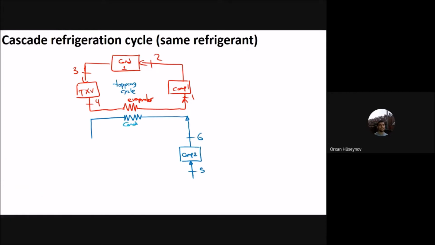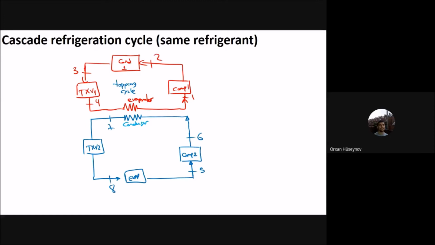And then you have gone back to the thermal expansion valve here, TXV2 here. This one is the TXV1, TXV2 here, and then back to the evaporator. Okay, and then back to the compressor. This is 5, 6, 7, and 8.